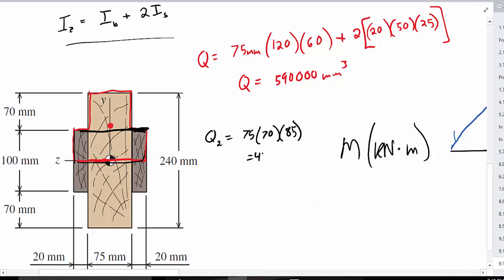This would be 446,250 millimeters cubed.